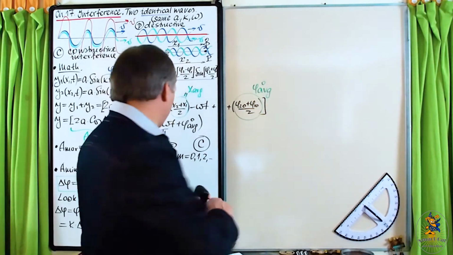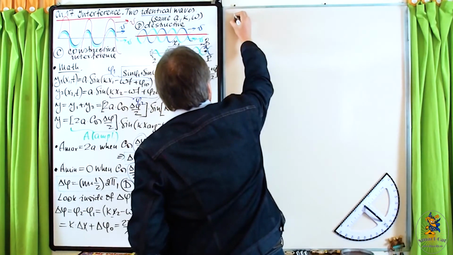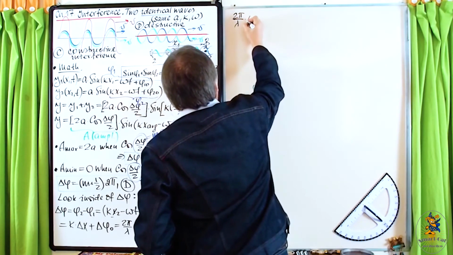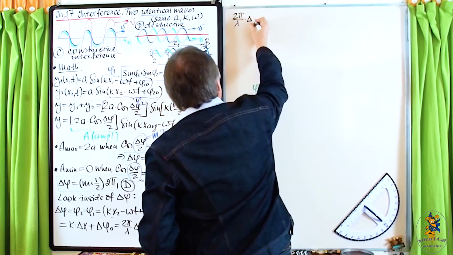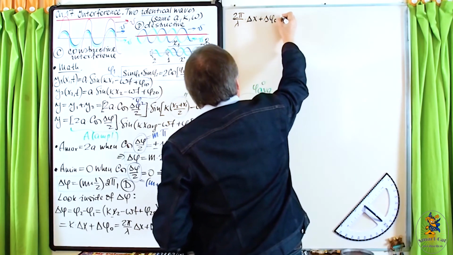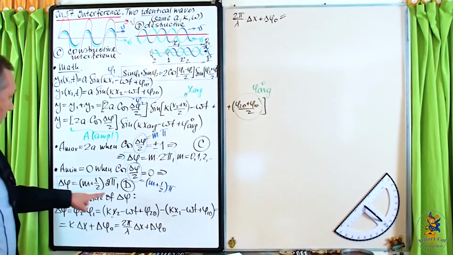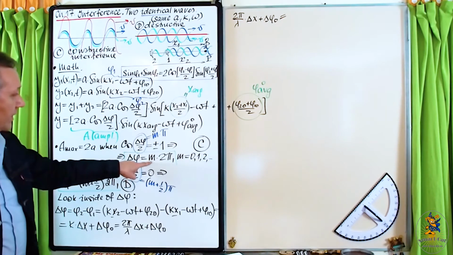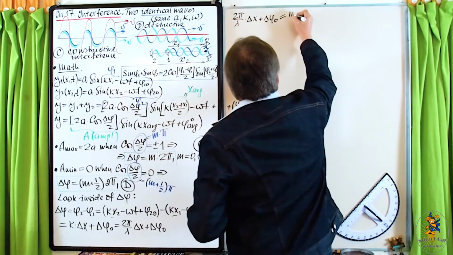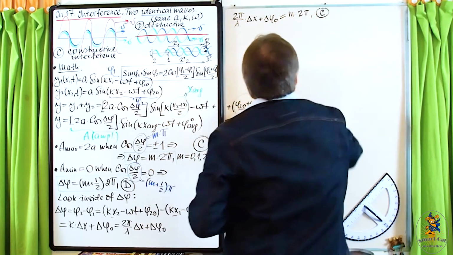So the final condition. Let me rewrite: 2 pi over lambda times delta x plus delta phi naught equals m times 2 pi for constructive interference.